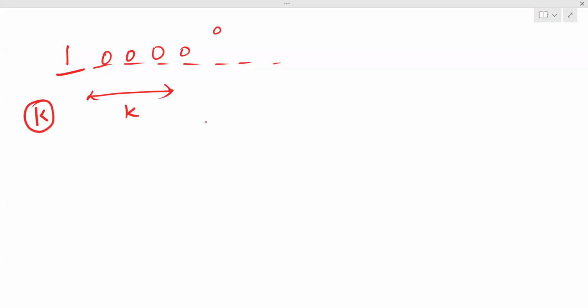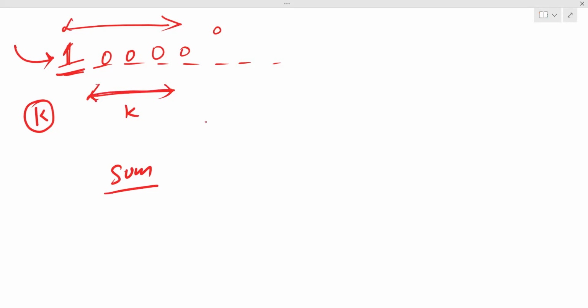I'm trying to greedily put numbers, because finally my objective is to make this number as small as possible. So this 1 is anyway going to be here, because I need to make the smallest number, and I cannot have a 0 here.